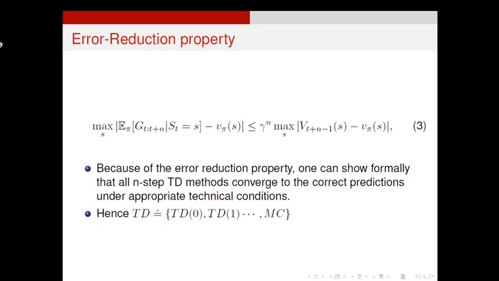Next is the error reduction property. This property is a statistical property that helps us to assert that this type of accumulated return doesn't make any problem. It will never affect the convergence of this return in any way. For that, we make use of this inequality. Maximum over all states of the expectation under the given policy of G_t:t+n, given the starting state is s, minus v pi of s.